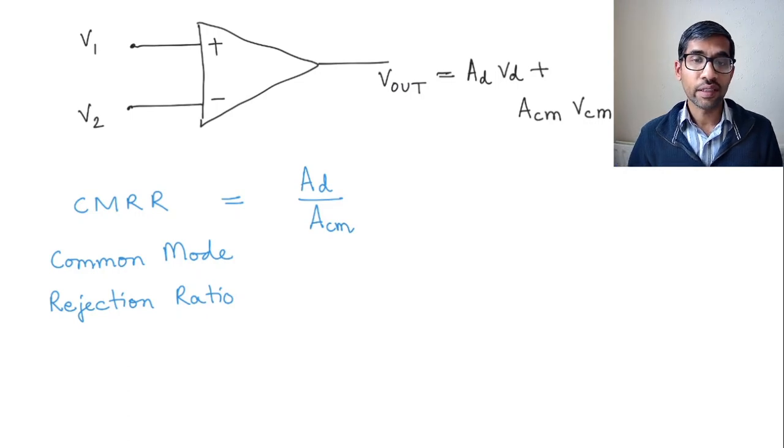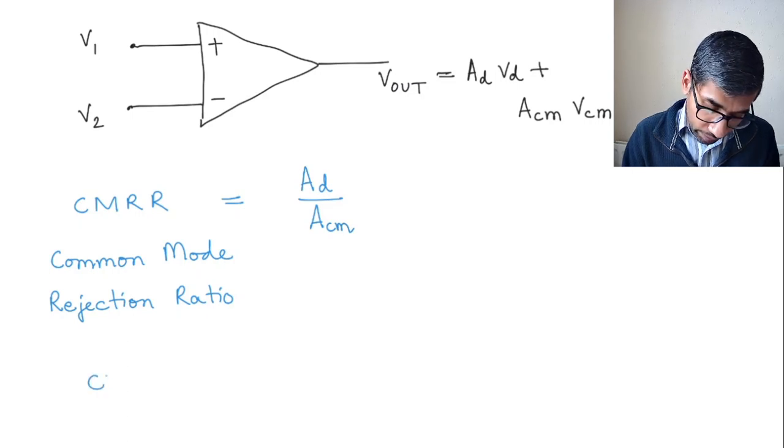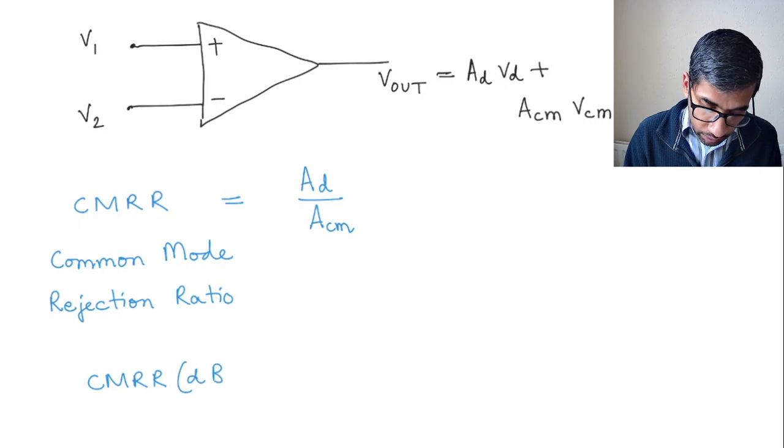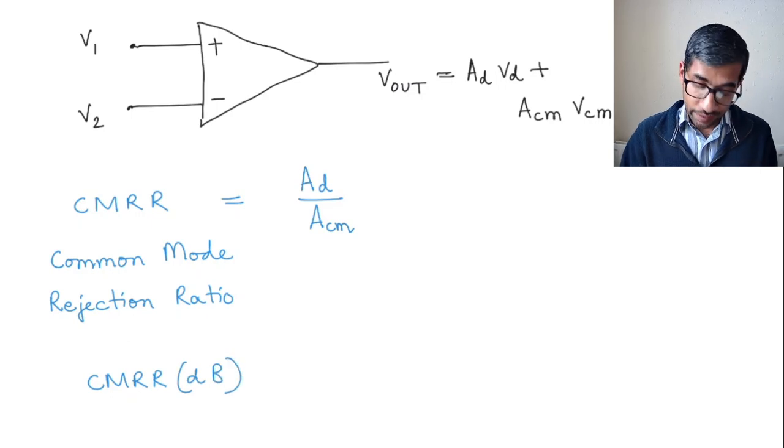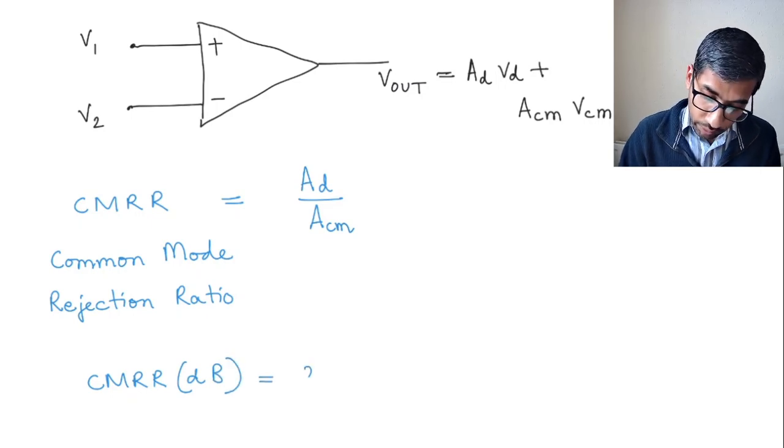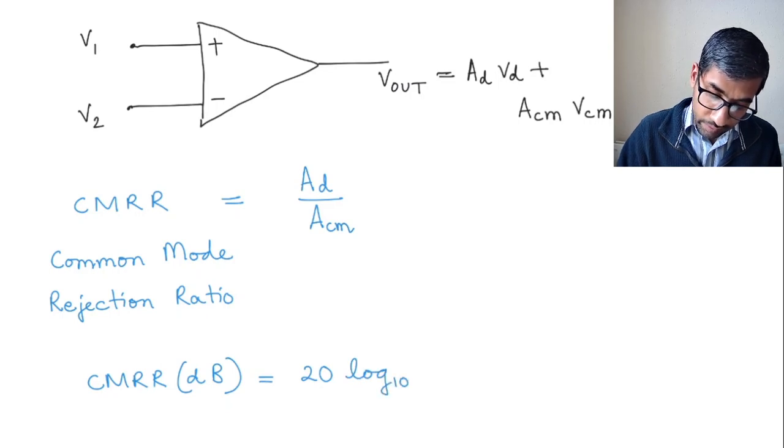And usually this ratio is not measured on a linear scale, but on a log scale. You measure CMRR in decibels, and it is given by 20 log to the base 10 of AD over ACM.